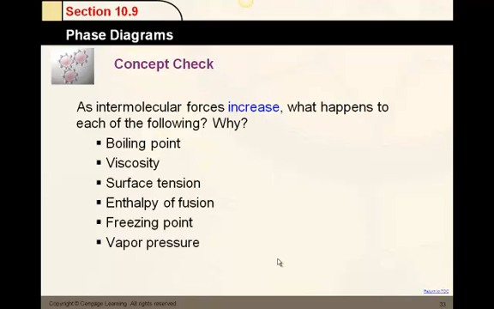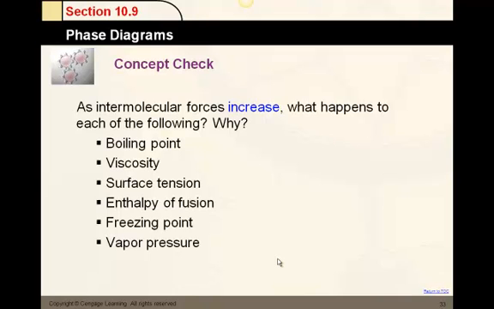As the intermolecular force increases, the vapor pressure decreases, because it takes more energy to become a vapor, and therefore a higher temperature. I was thinking of the atmospheric pressure, but indeed the vapor pressure decreases as intermolecular force increases because it doesn't vaporize easily.